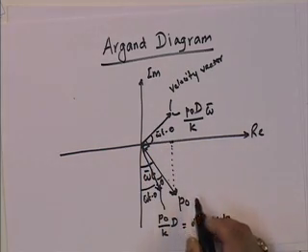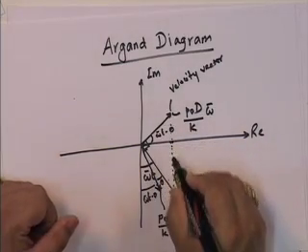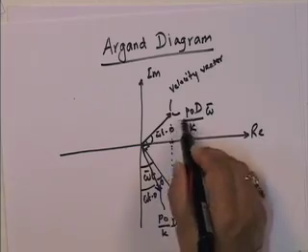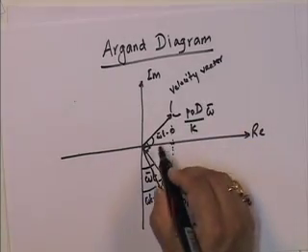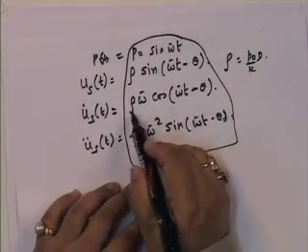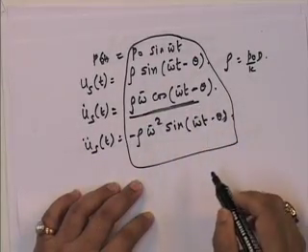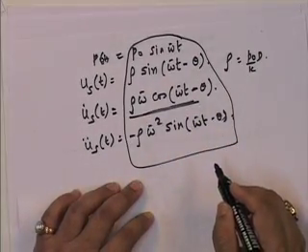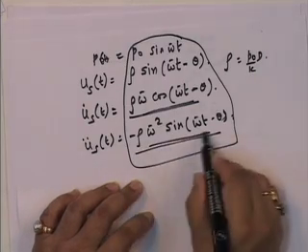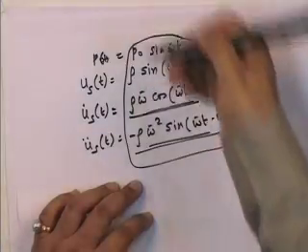And let us look at its real projection. Its real projection is equal to this parameter into cosine omega bar t minus theta. See, that is it. That is how it is. And if you look at this, this is just negative of sine.